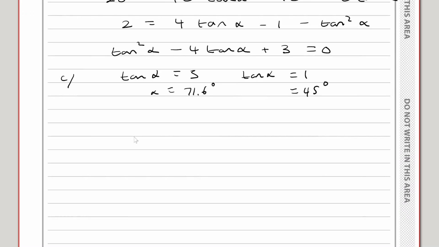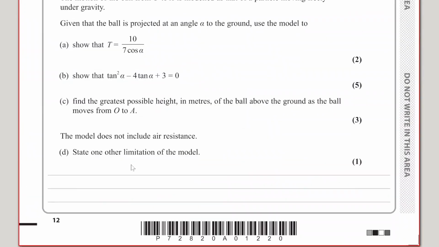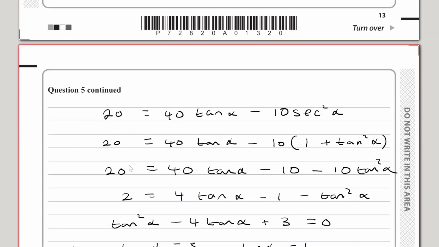We want to find the greatest height. That's when the vertical component has got a velocity of 0. So we want to work out the greatest possible height, so that's the displacement vertically.